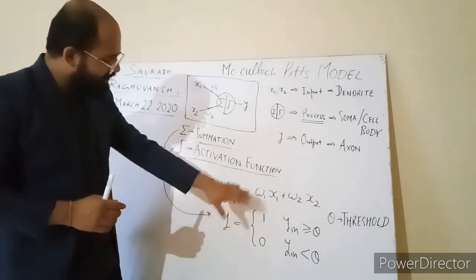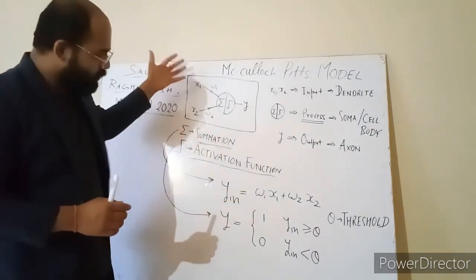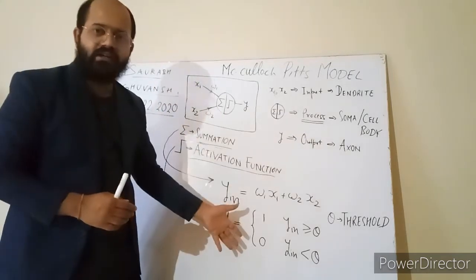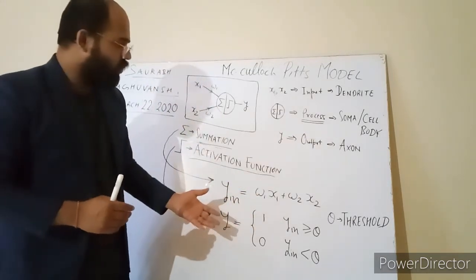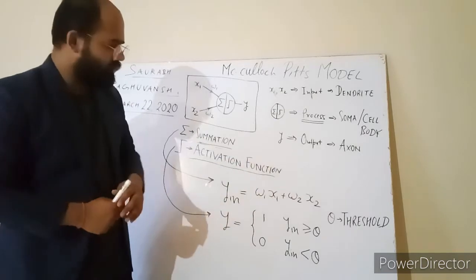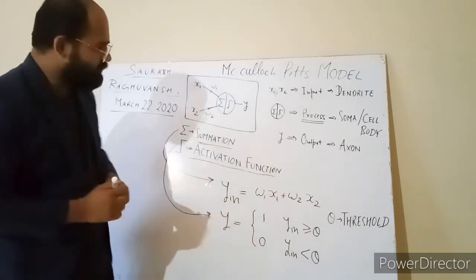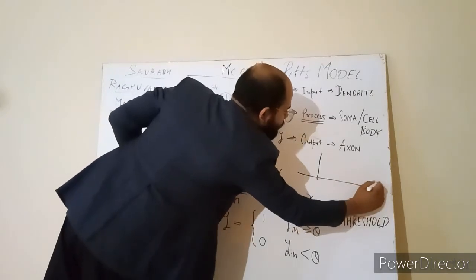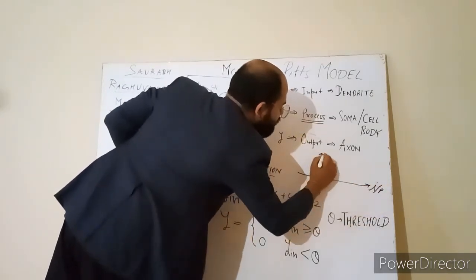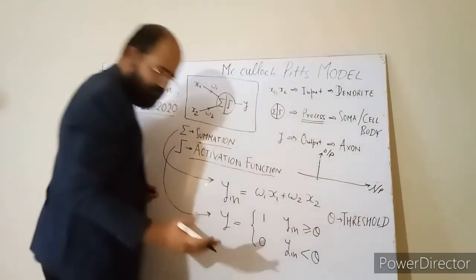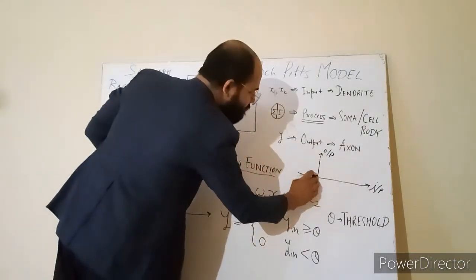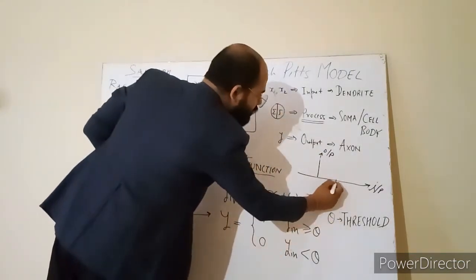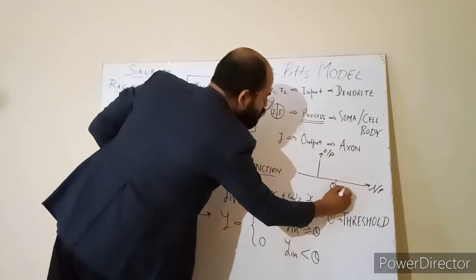So for a set of inputs, the outputs we get are binary in nature when we use thresholding. We can also plot the function for thresholding. Let's say this is the input and this is the output, with theta equal to 2.